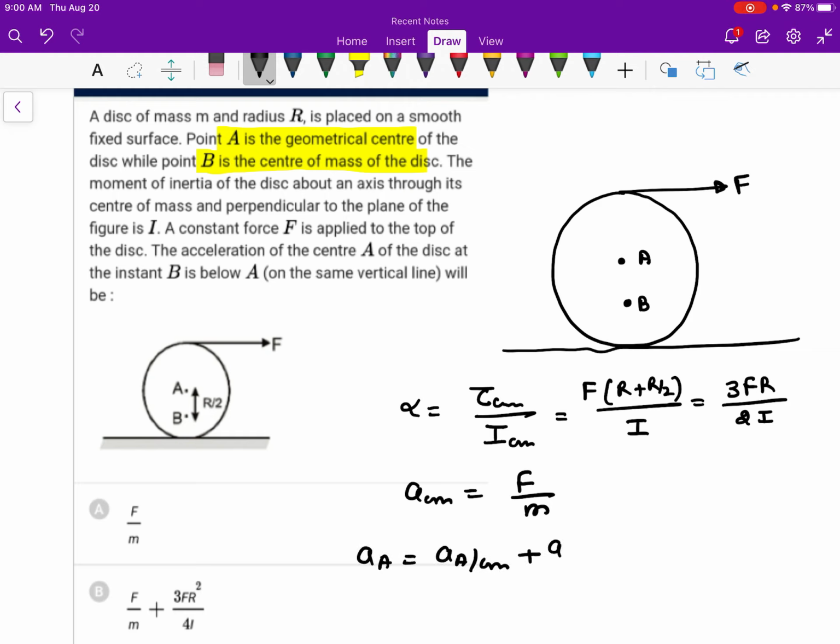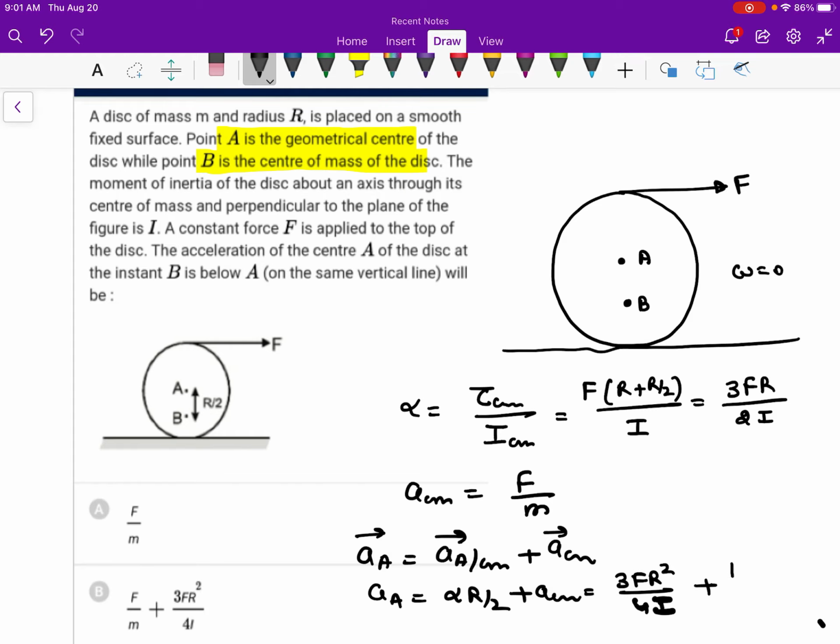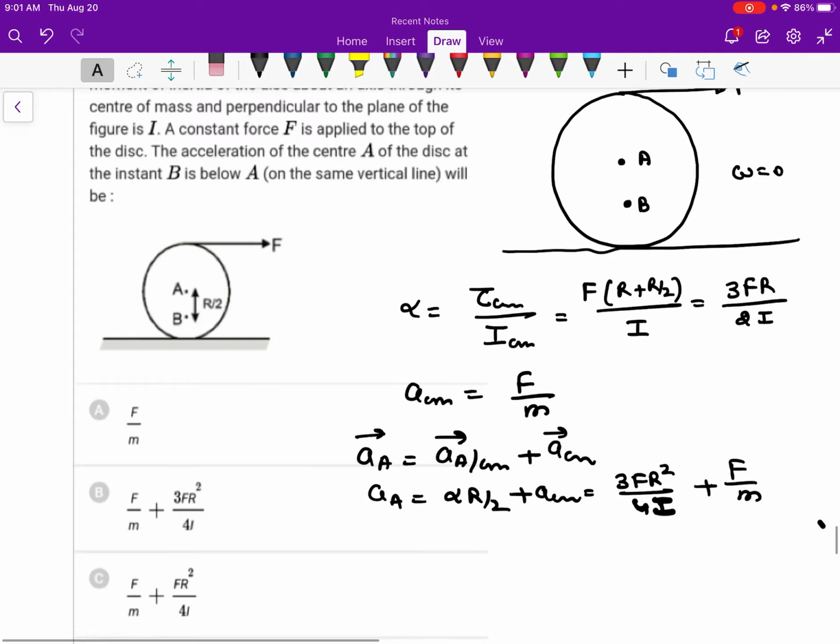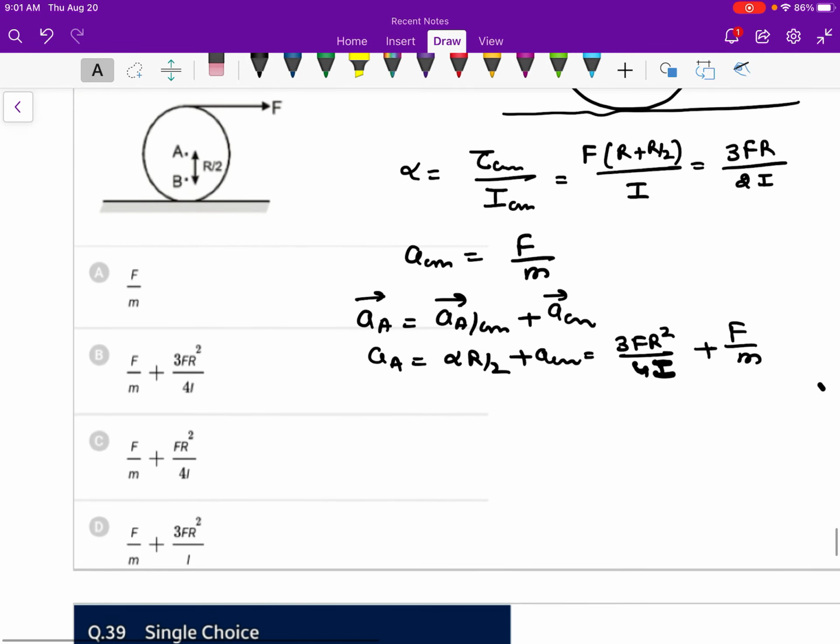So it's only tangential acceleration, which is alpha into r by 2, directed towards the right, plus the acceleration of the center of mass, which is F upon m. So alpha r by 2 is 3F r squared by 4I, plus F by m. So B is the correct option.